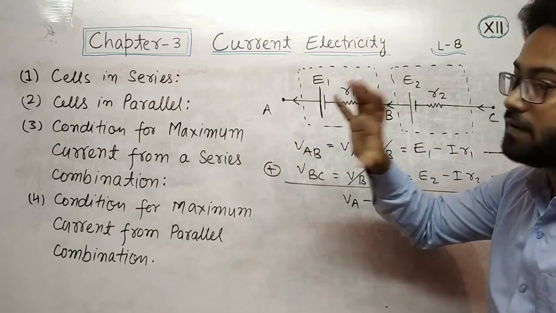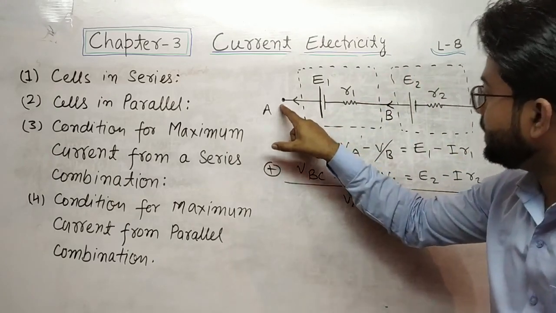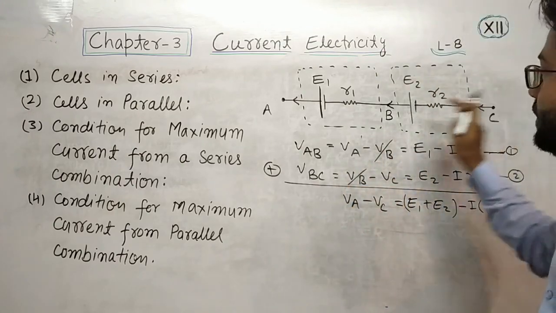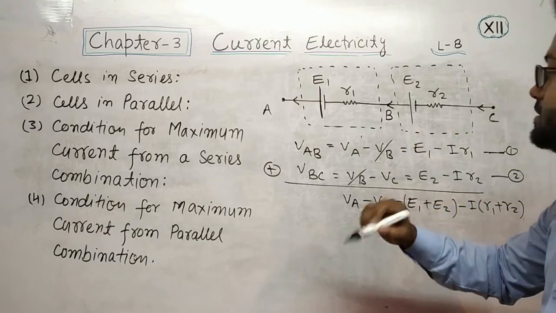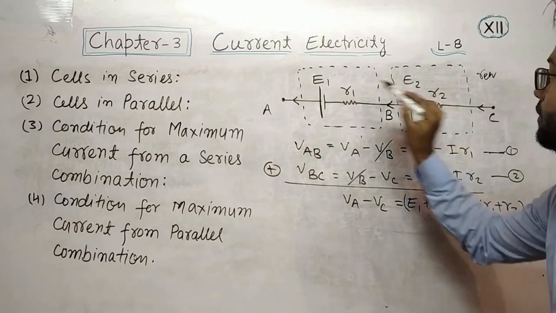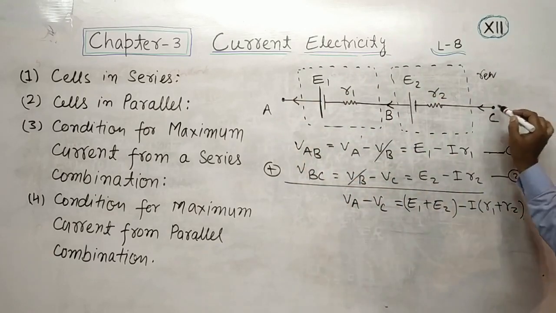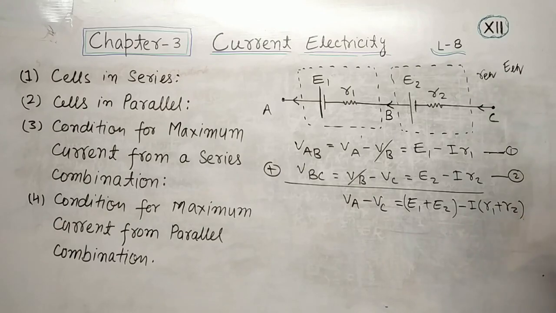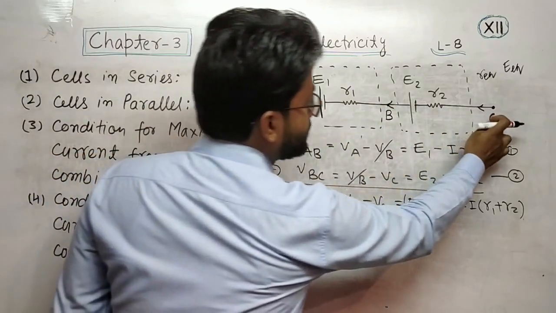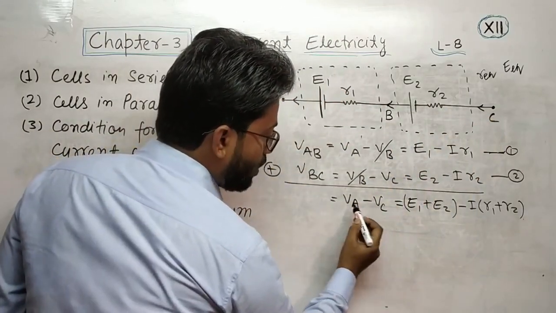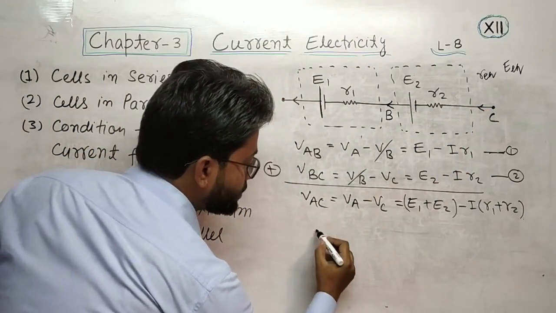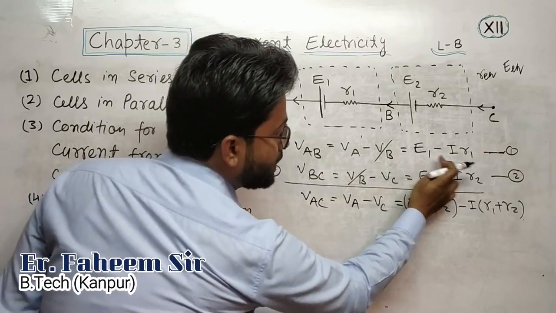Let us suppose the equivalent resistance between points A and C is R equivalent, and the combined EMF of these two between A and C is E equivalent. Then in place of VAC, we can write V is equal to E minus IR.